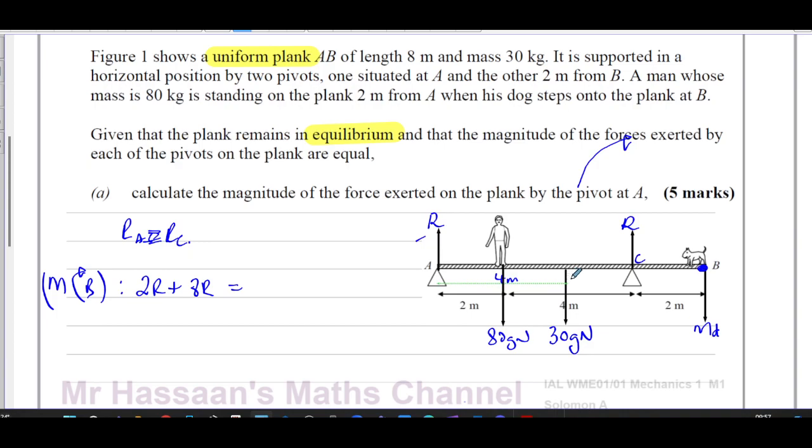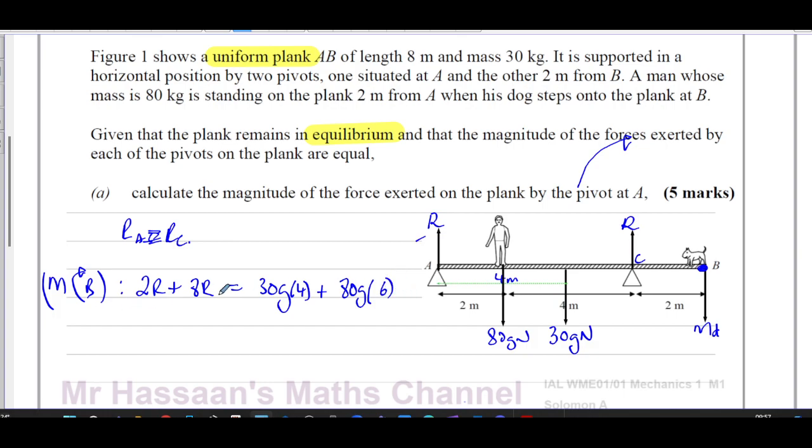So you're going to have 30G times 4, plus 80G, which is the weight of the man. And how far is he away? He is this distance away from B, which is 6 meters, 4 plus 2.